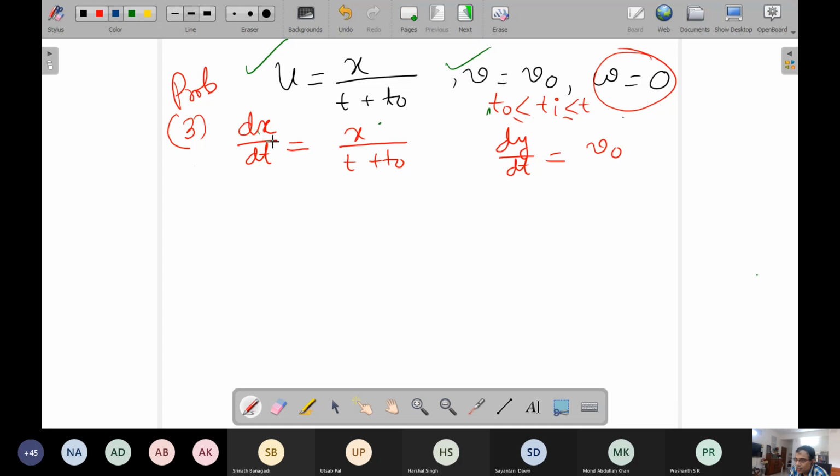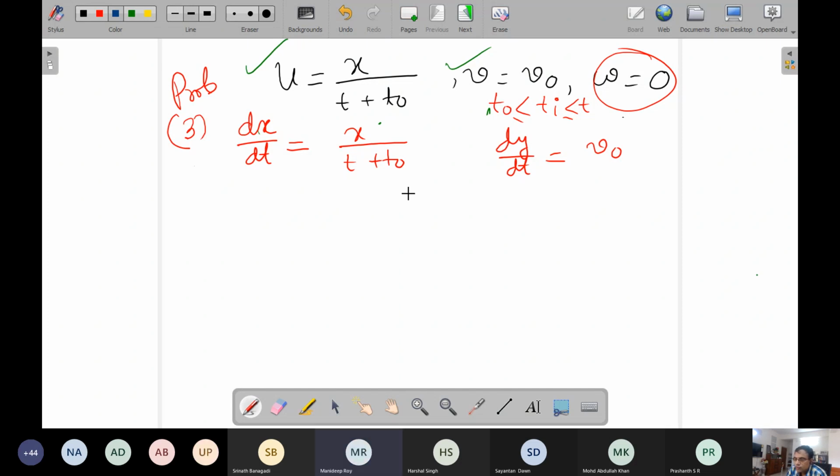Although I have written this, and these also mean dxp dt, dyp dt, the meaning is not different. But what is the subtle difference? Can any one of you tell? I have written this for solving question number 2. I have written the same thing for solving question number 3, and both questions will be solved by integrating this. But what is the subtle difference between question number 2 and 3 in terms of solving the problem?